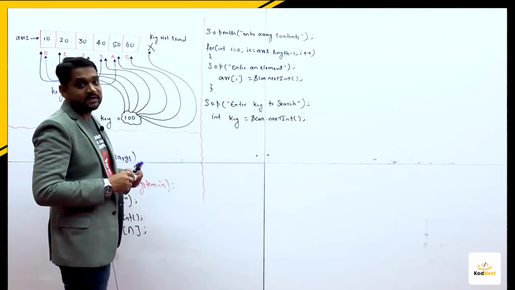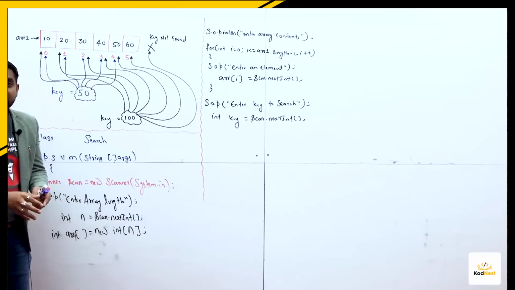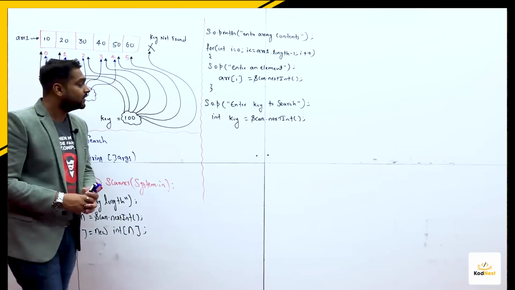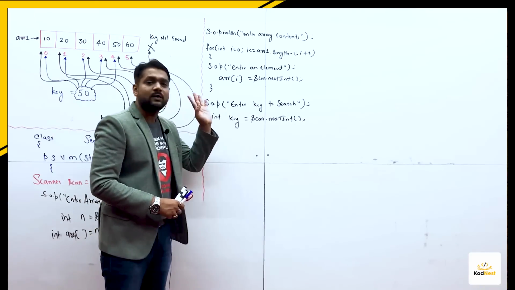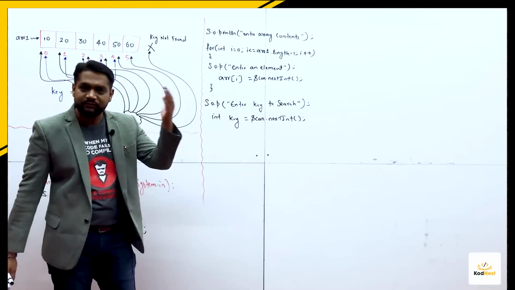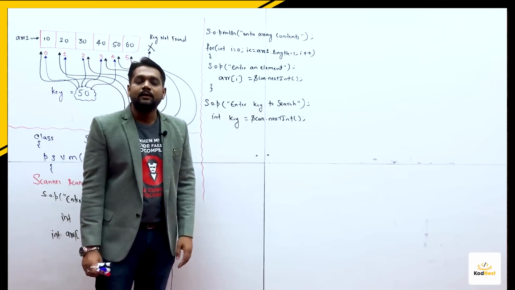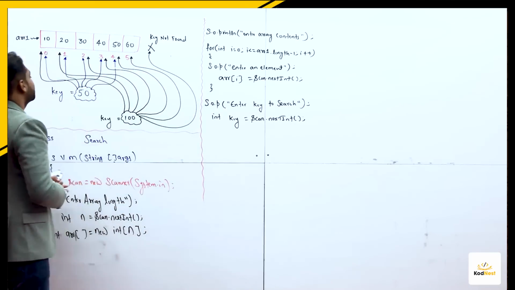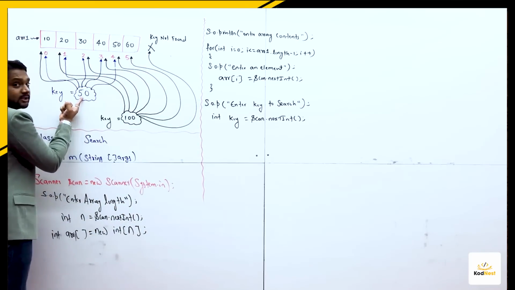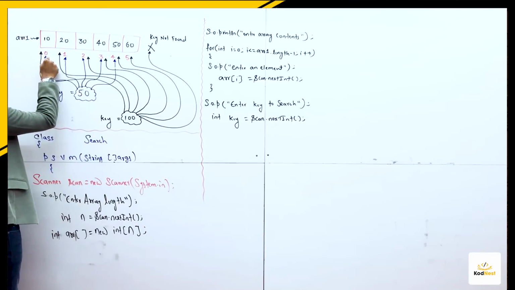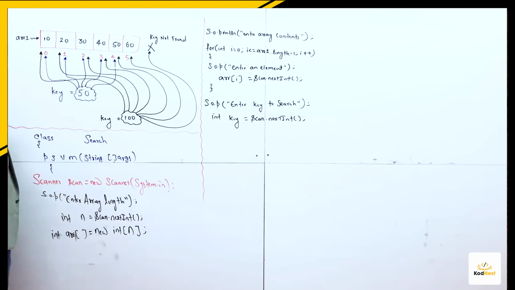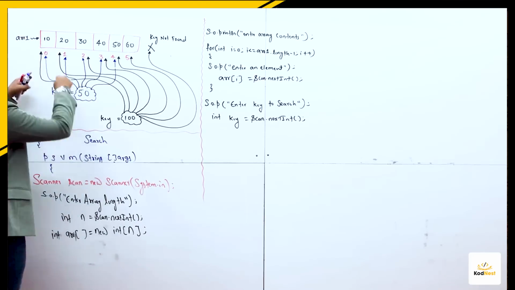Now if you carefully see, I have the array, the contents inside it, and the key to search. Now I have to perform the search and correctly tell whether that key is present or not. From where do you have to start searching? From the 0th index. Until where?